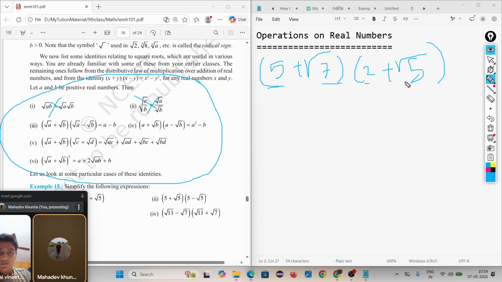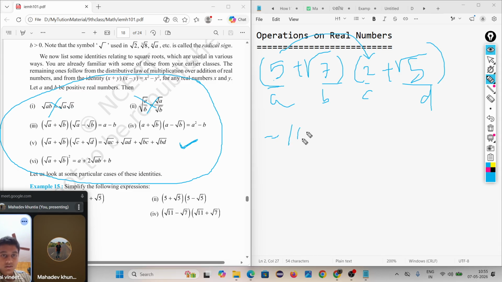That means it is A, it is B, it is C, it is D. These are the terms. Then the answer will be A into C, root 5 into root 2, which is root 10, plus A into D, root 5 into root 5, which is 5.